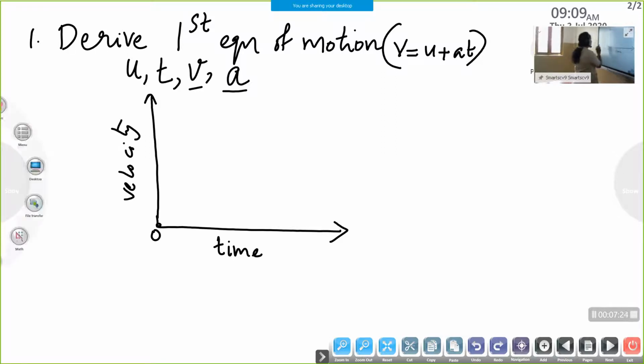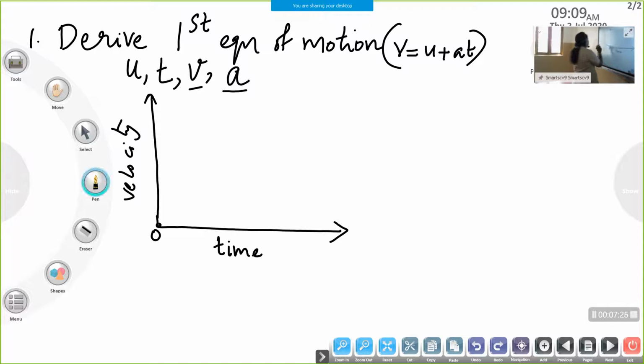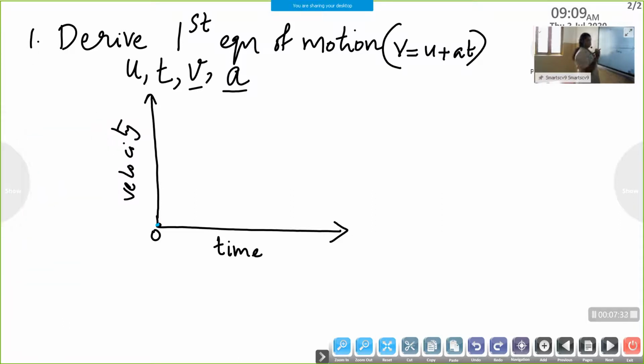At zero time, it has an initial velocity, so I am going to mark the initial velocity U. After a time t, the object acquires a velocity V. V is here.